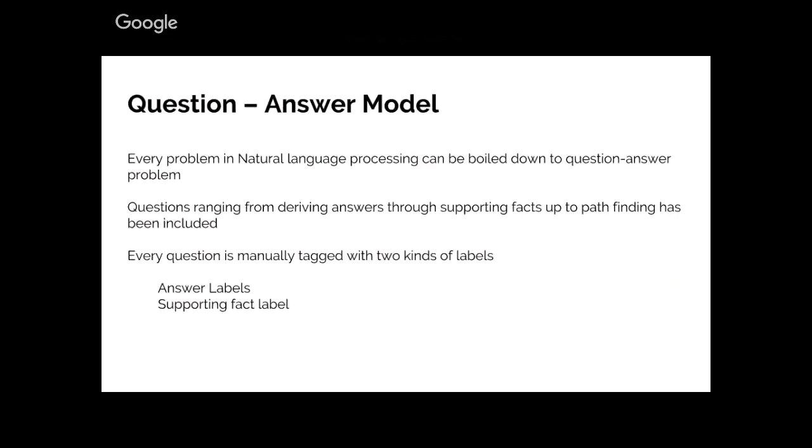One of the things that comes up when we go for this memory network is the question answer model. Normally the whole education system revolves around questions and answers. You put some questions and the system replies with the answers, and the answers use those logics or embeddings that we learned earlier.